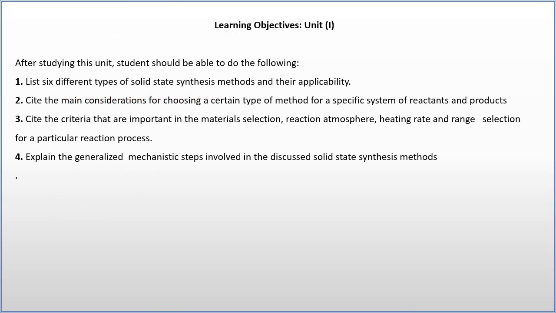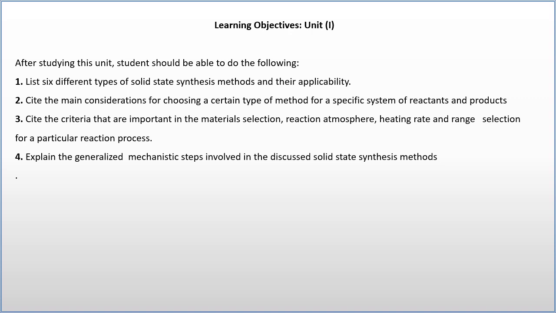The learning objective of this particular subunit of unit 1 is, after studying this unit, you are expected to at least list 6 different types of solid state synthesis method and their applicability. You should be able to cite the main consideration for choosing a certain type of method for a specific system of reactants and products.